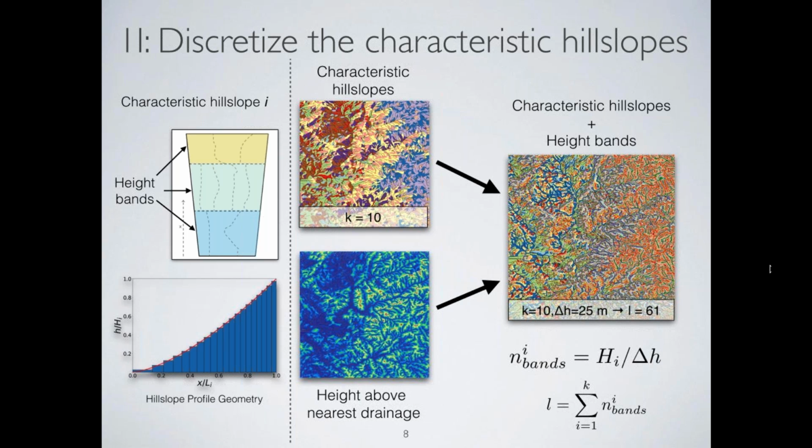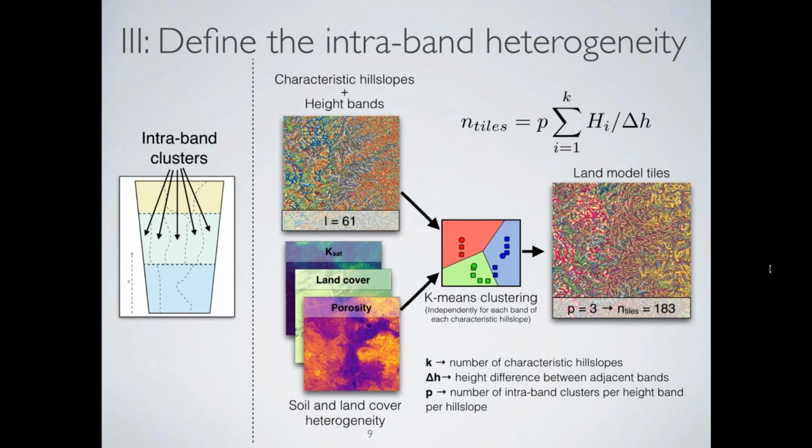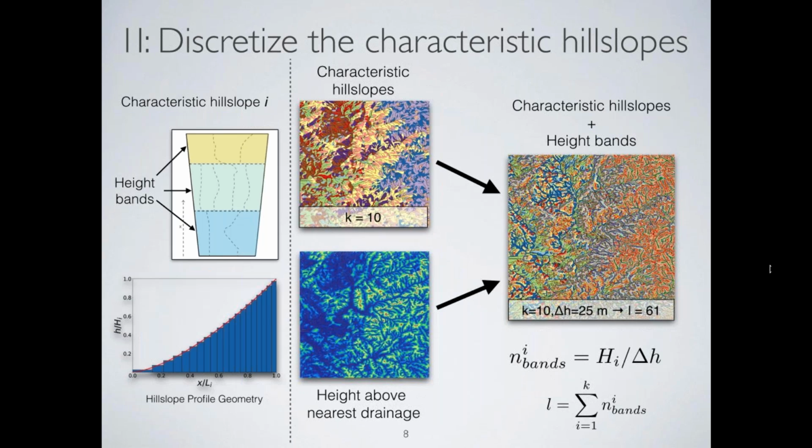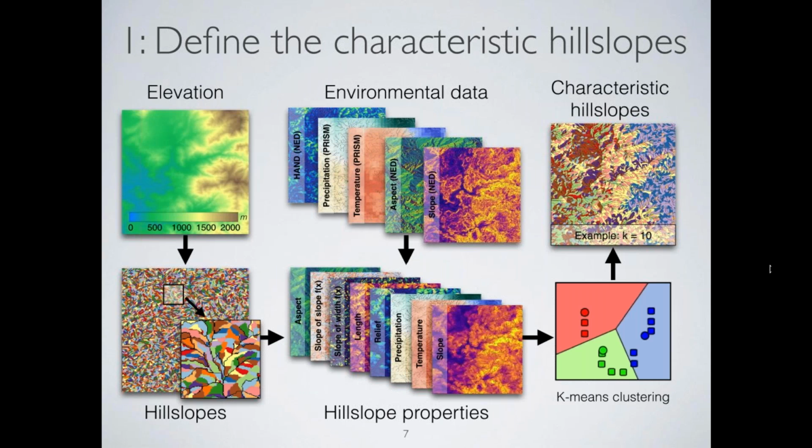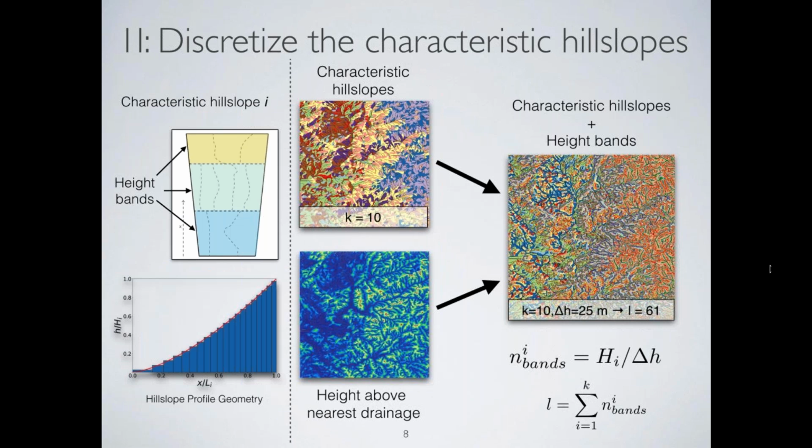They're spatially explicit. Yep. If you see this right here, here are the characteristic hill slopes that I've mapped out. Each of the hill slopes that I have now belongs to one of those characteristic hill slopes. Then I take this height above nearest drainage, and I partition each of those 30-meter grid cells.